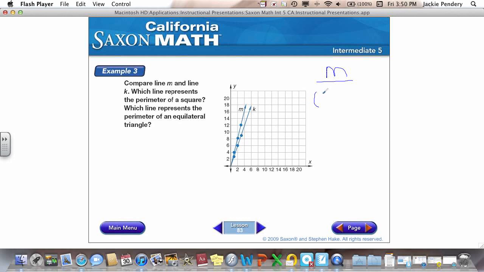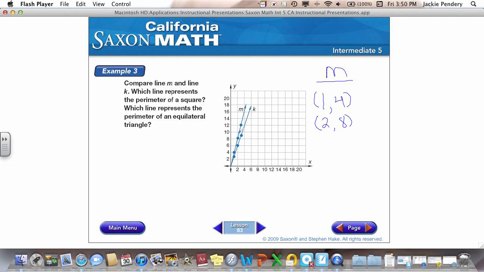So my first pair is 1, 4. My next point, if I follow it up, is on the 2 and the 8. So my next ordered pair is 2, 8.